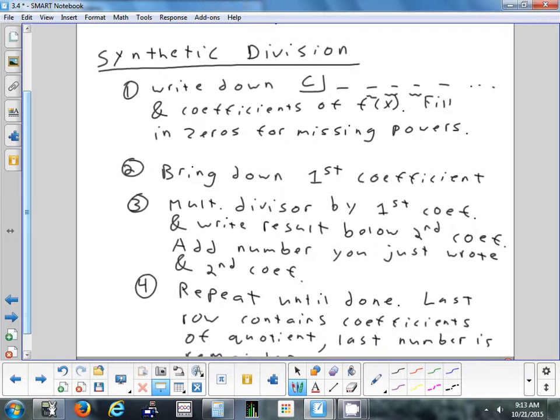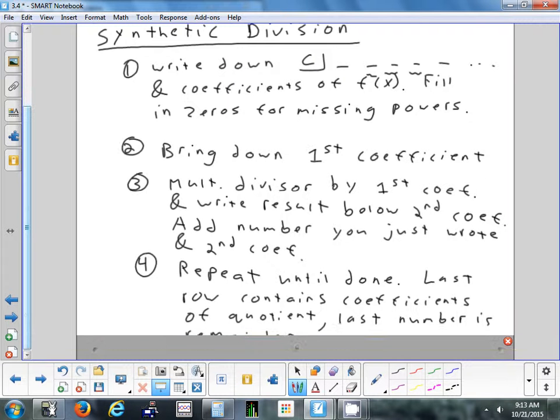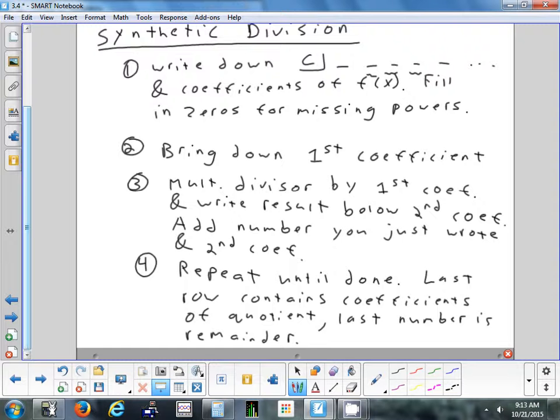When you're done, all the answers that you got as you went through the problem are going to be the coefficients of the quotient. And the answer that's farthest on the right is going to be the remainder. It seems confusing when you write out the steps, but it's actually very, very simple.